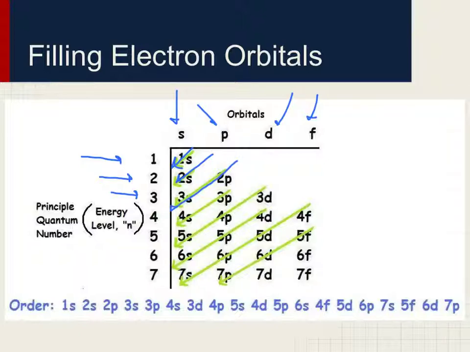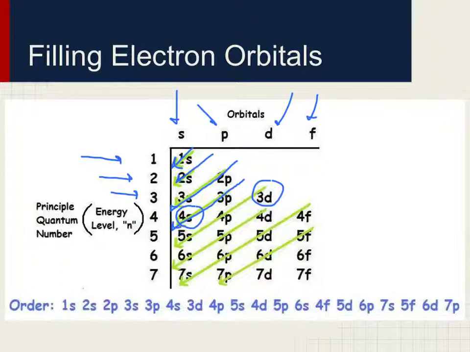This arrow shows us that the 2p orbital follows next, followed by the 3s orbital. The 3p orbital is next, and here's where it gets tricky. After the 3p orbital and before the 3d orbital, our 4s orbital is filled. All right, we said that's true because 4s orbitals have lower energy than their 3d orbitals.